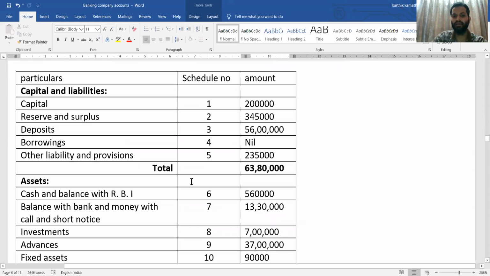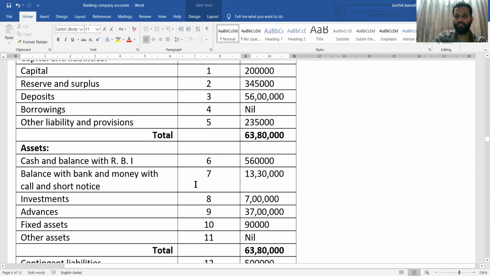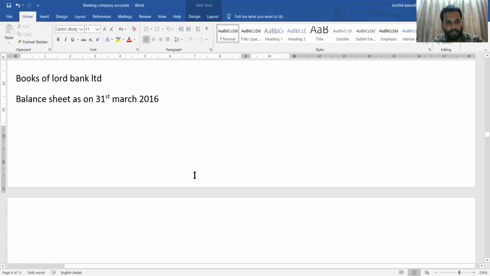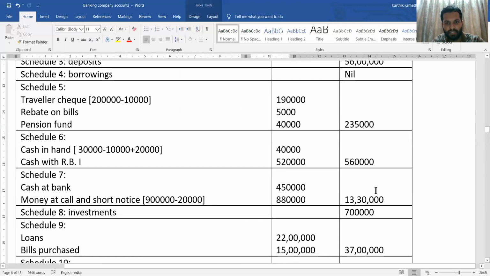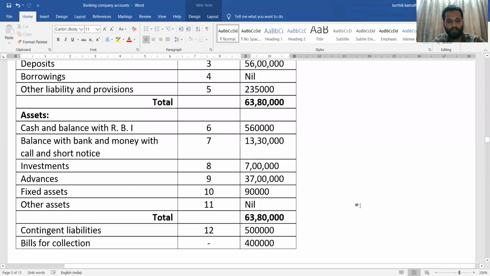Now the asset side has 6 schedules. The first one is cash and balance with RBI, schedule number 6, 5,60,000 directly from the working note. Then balance with banks and money at call and short notice, schedule number 7, that is 13,30,000, which you write under schedule number 7.